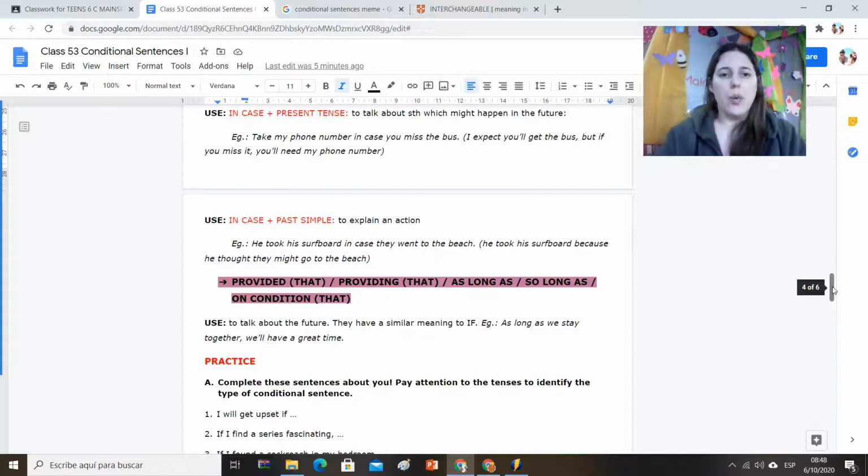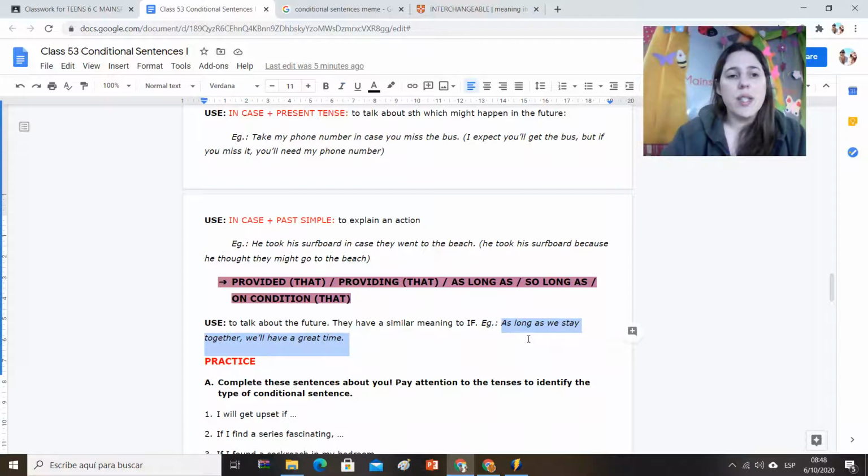Okay. So let's read the example here. As long as we stay together, we'll have a great time. On condition that we stay together, we'll have a great time. Providing that we stay together, we will have a great time. So all of them can be used, but one at a time. Careful with that.